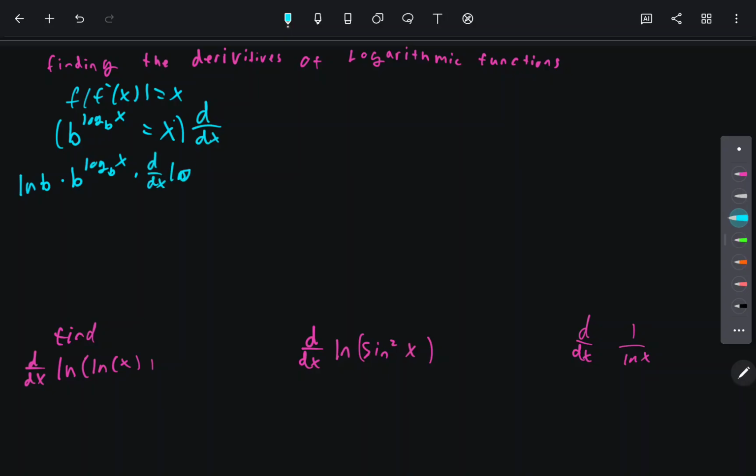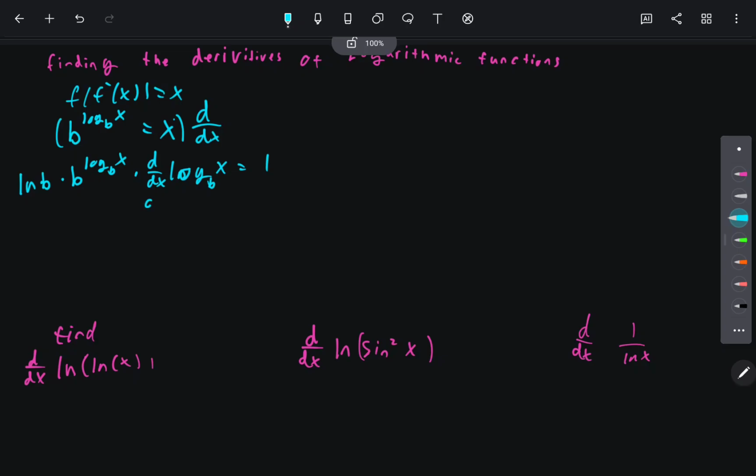So we're just going to call it d over dx of log base b of x, and that's equal to 1. Now what do we do? Well, we can divide by the natural log of b times the exponential b to the power of log base b of x.